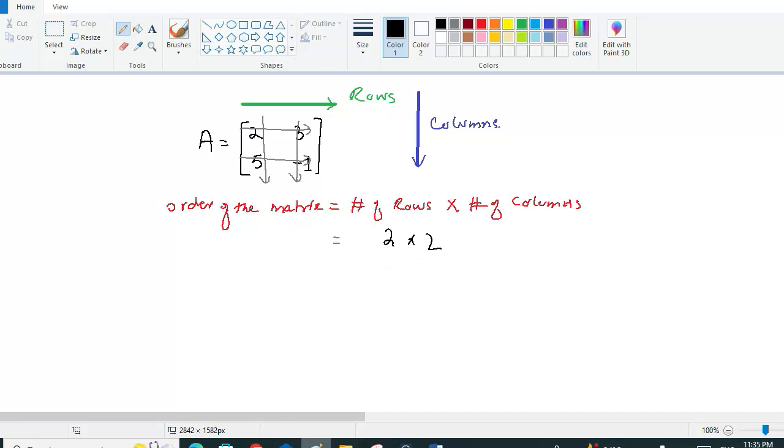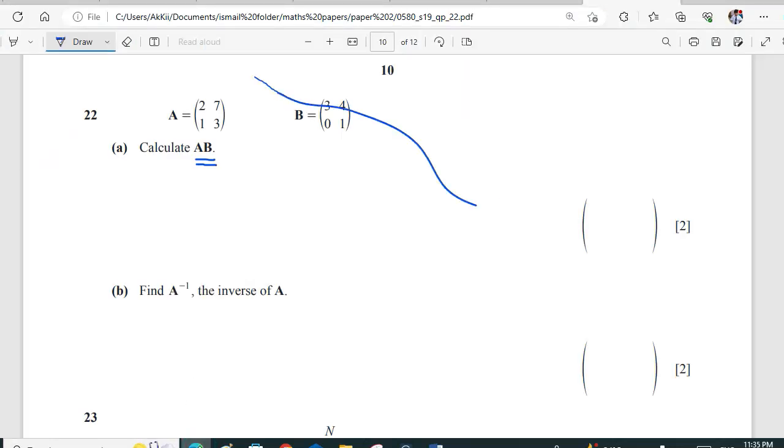If I check the order of these two matrices which are given in the question, the order of both of these matrices will be 2 by 2.